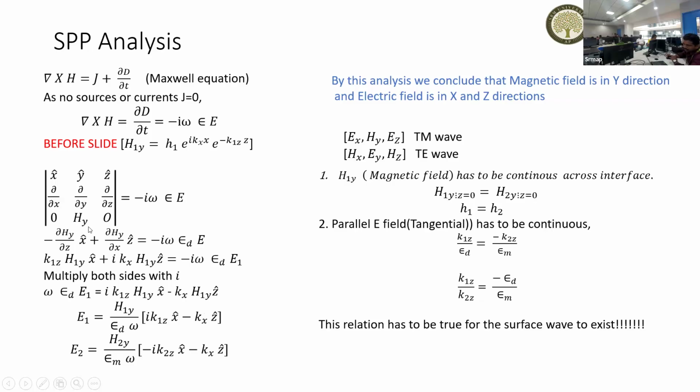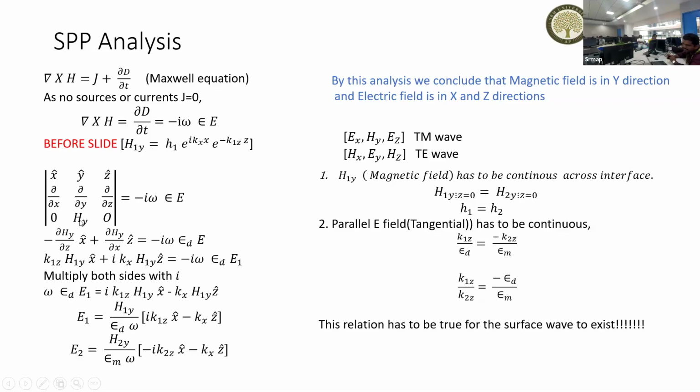This is the feature that supports TM waves; SPP supports TM wave analysis. So from this we can conclude that, because we started with the magnetic field in the y direction and in the results we got electric fields E1 and E2 on the x and z axes, SPP supports TM modes.